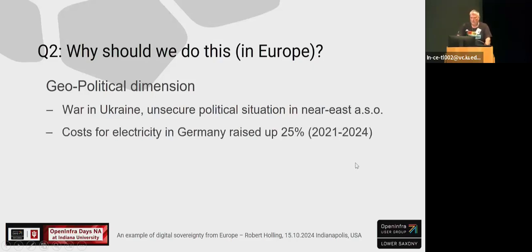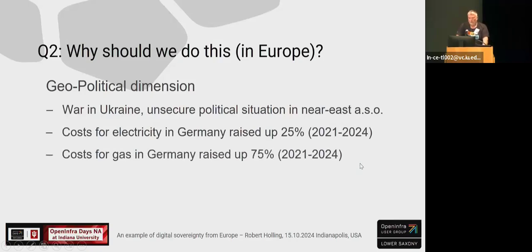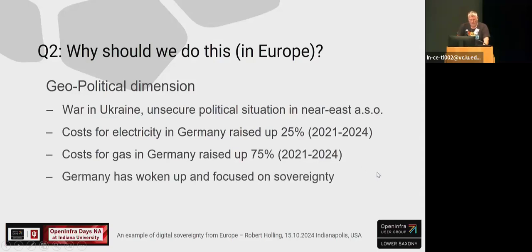The cost for electricity in Germany rose up to plus 25%, gas plus 75% within 3 years. One result is that Germany in particular has woken up and focused on sovereignty. The implementation is controversial and it takes time, no question, but something is moving. It's like a super tanker, the engines have been started.